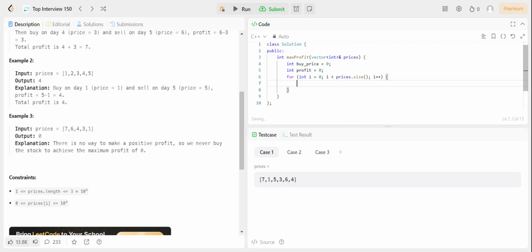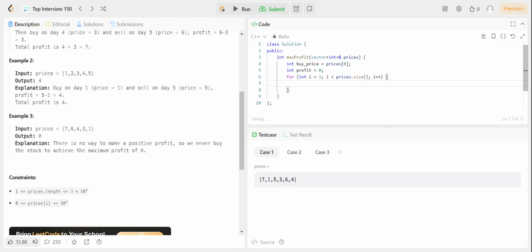All right, so for each day, actually, let's change our buy price to the first day, because we are going to buy our stock at some point. So let's change that to the first day, and we can go to day number 2, which is at index 1.